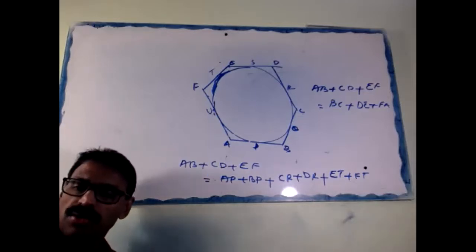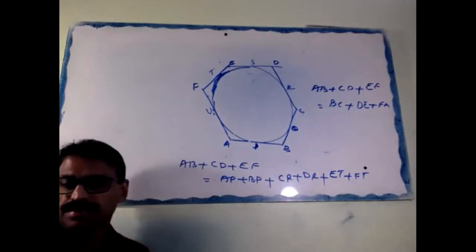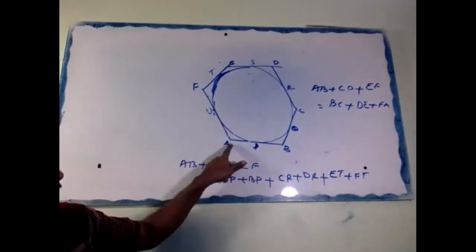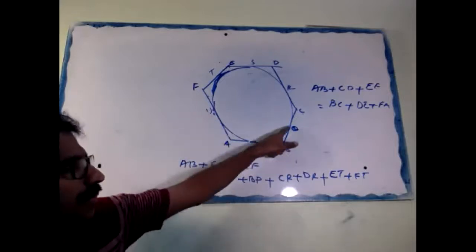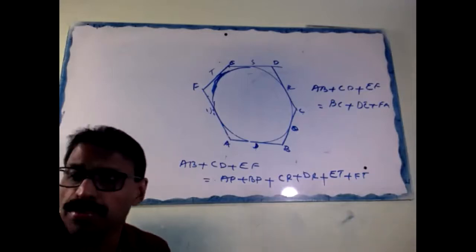So you will get it. Correct or not? It changed everything, because we know that AP equal to AU, BP equal to BQ, CQ equal to CR, DR equal to DS, ES equal to ET, FT equal to FU. Okay, then we will get it.